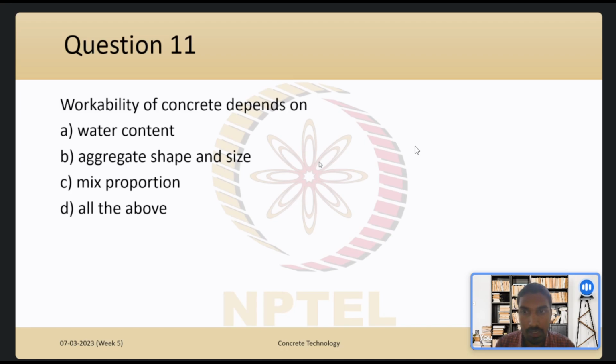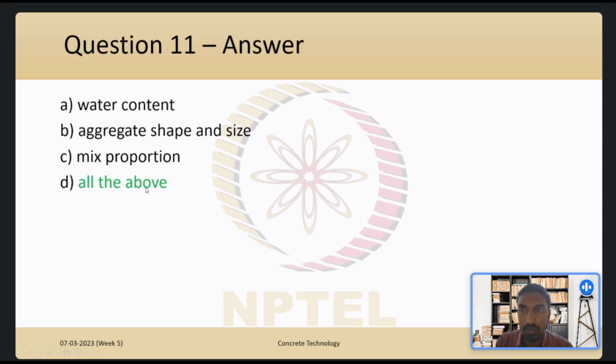The third is mix proportion. Yeah, again mix proportion will affect it. In the mix proportion we determine what should be the amount or the proportion of the water content, and also the aggregate content and the cement content, right? So the proportion will also affect the workability. So all the three factors will influence workability, and therefore the right option is option D.